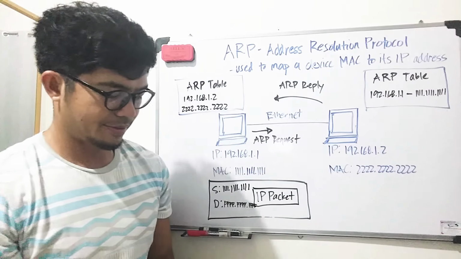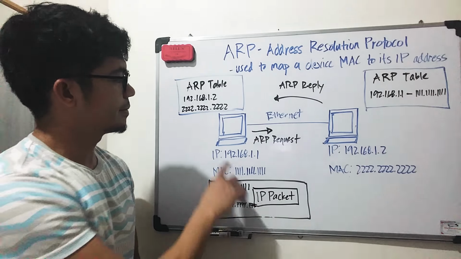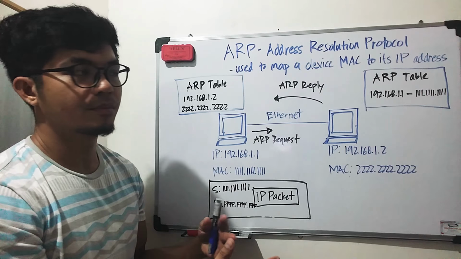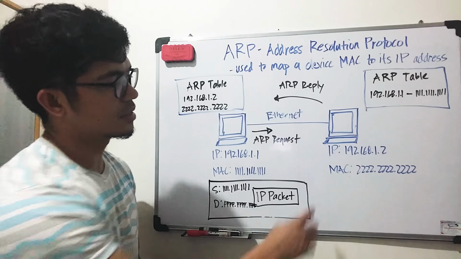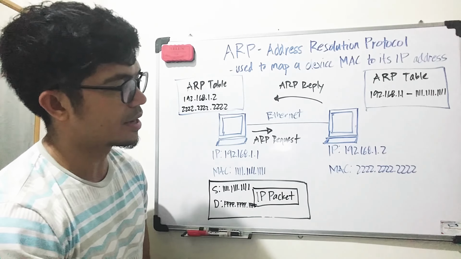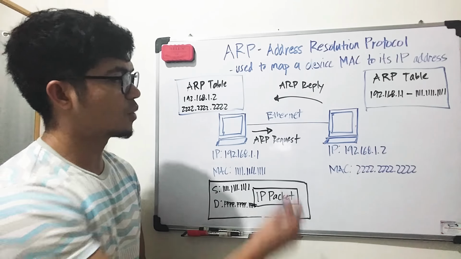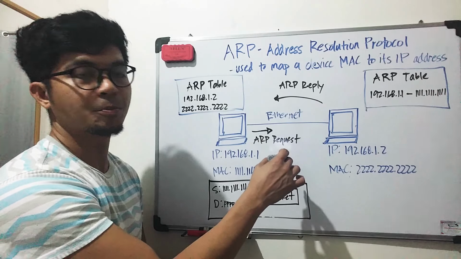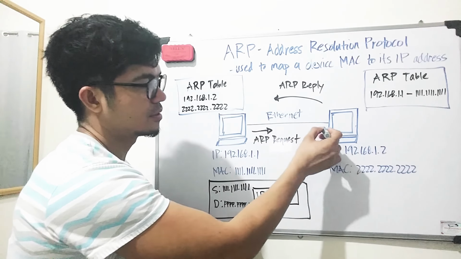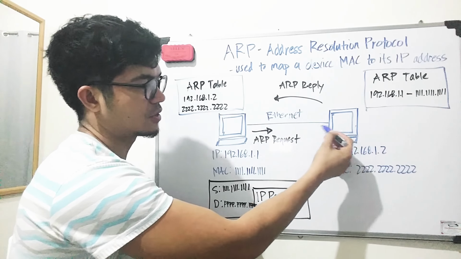So the next time that this PC, for example, pings this PC, the .1 to the .2, the switch will just forward the frame to the port where this PC is connected.